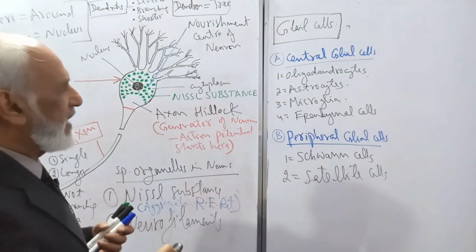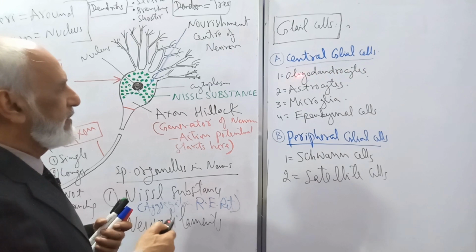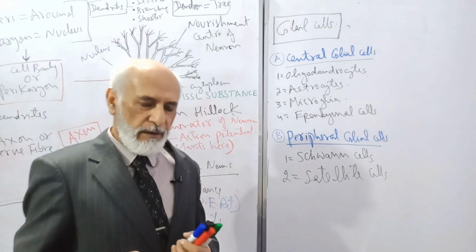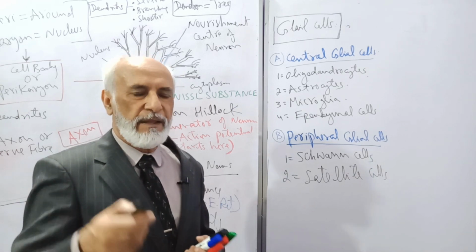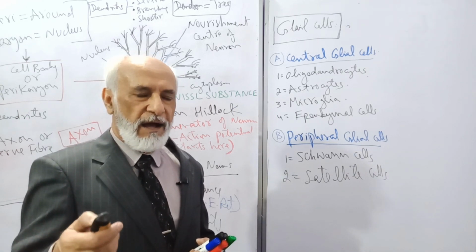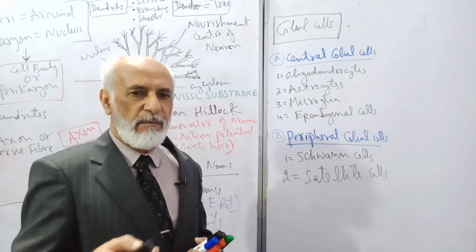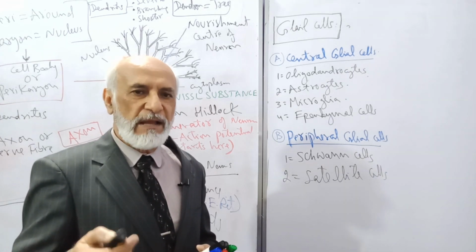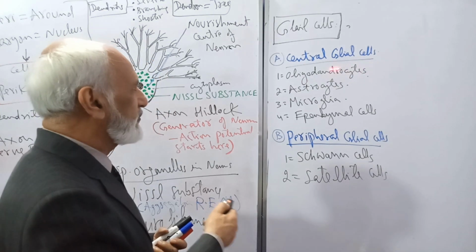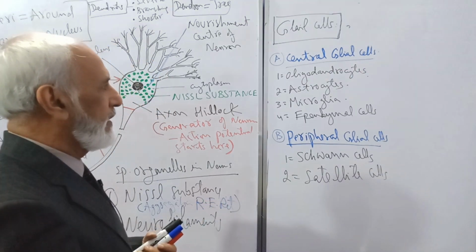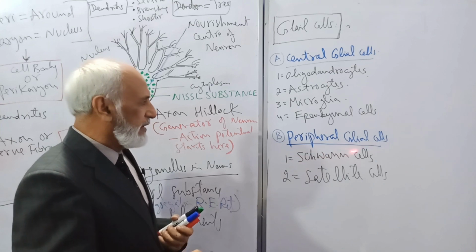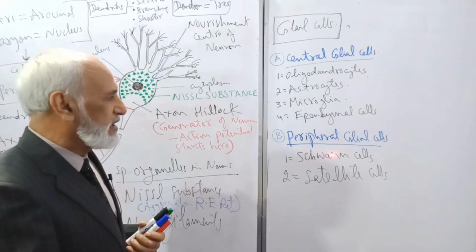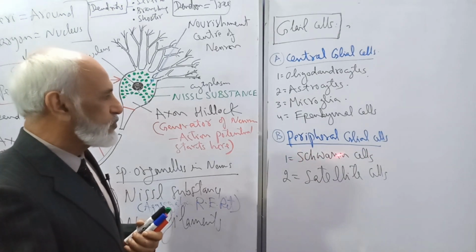One of the central glial cells, the oligodendrocyte, we just discussed with the cerebellum. I told you the white matter of the cerebellum and cerebrum comprises axons or nerve fibers which are myelinated, and that myelin is produced by oligodendrocytes. There are some peripheral nerves which are also myelinated. So the peripheral myelination is carried out by Schwann cells.